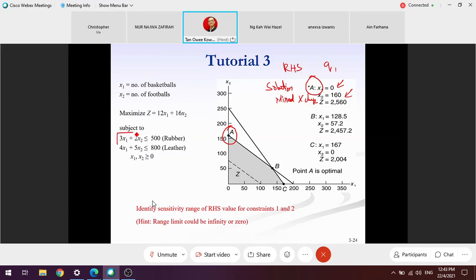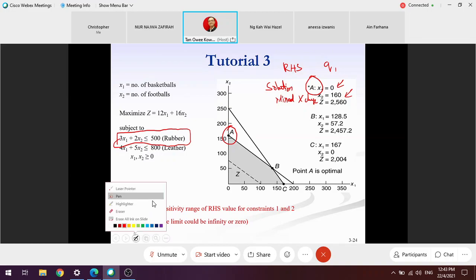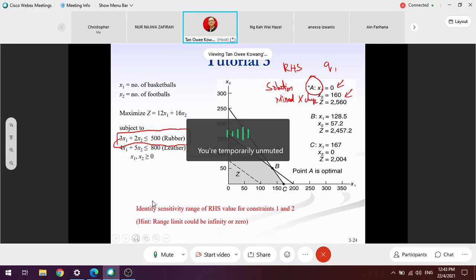find the sensitivity range untuk constraint 1. Apa saya buat? I check, I identify 2 points that constraint 2 intersects at x1 dengan x2. Betul tak? Am I right? Betul lah.